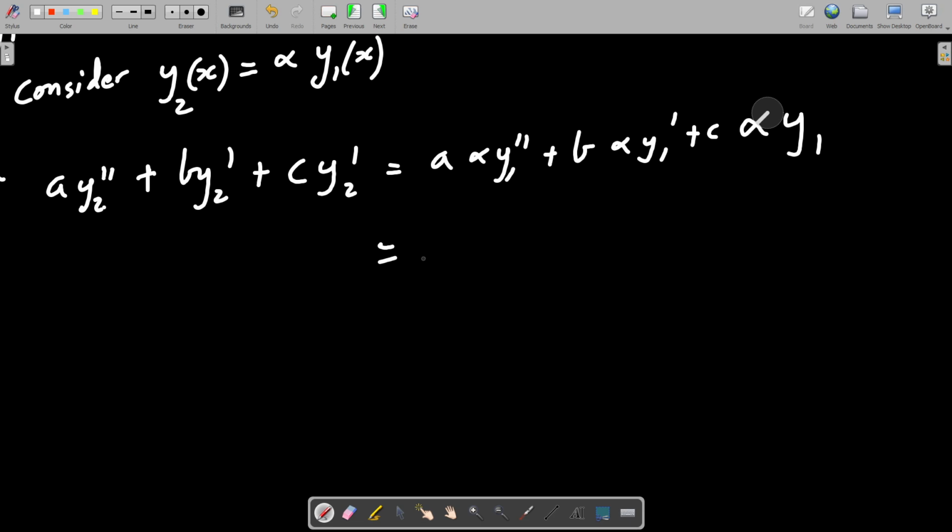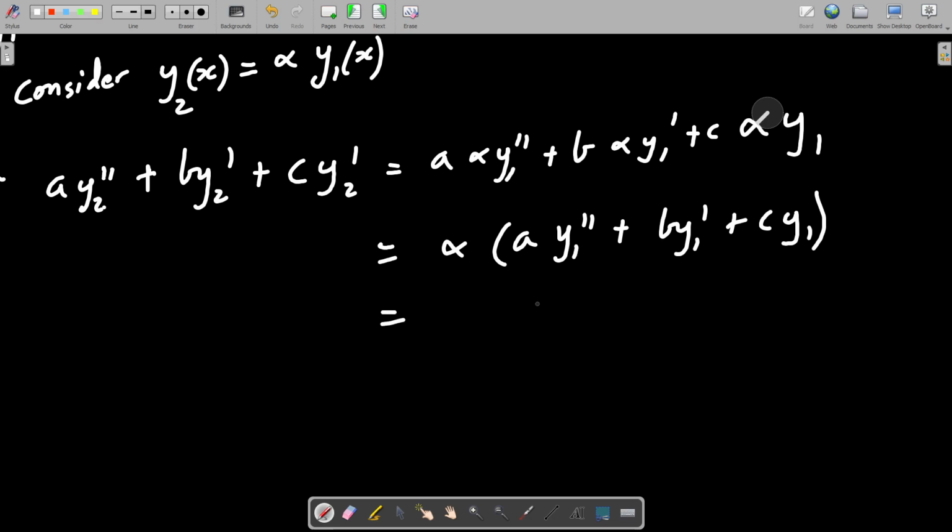Here you can take alpha common, giving alpha times a y1 double prime plus b y1 prime plus c y1. But this, you know, is equal to r of x, because y1 of x is the solution.